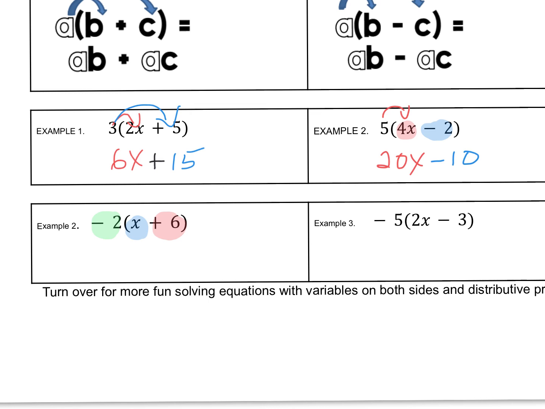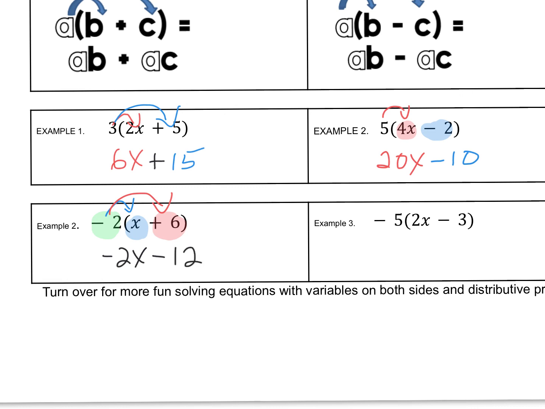So I am going to multiply negative 2 times x and negative 2 times 6. Negative 2 times x, that's negative 2x. Negative 2 times positive 6, that's negative 12.